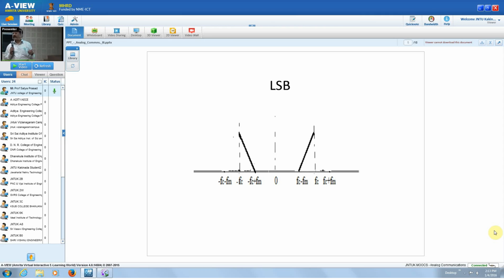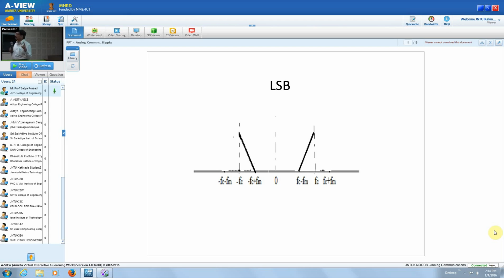So coming to our time domain representation, how do you represent your time domain signal? As you look into this LSB or USB, we are transmitting only one sideband, Fc to Fc plus Fm only. So in the entire spectrum from minus to plus infinity, we have only one band of frequencies, Fc to Fc plus Fm, or Fc minus Fm to Fc, the lower sideband.